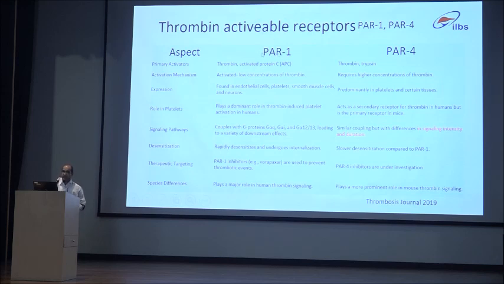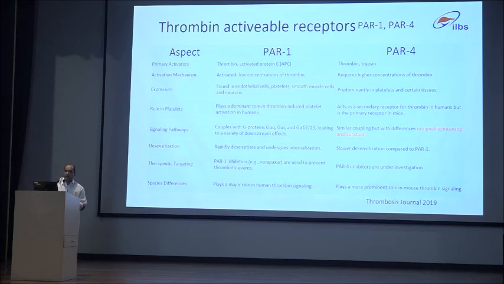Now we come to the thrombin activable receptors which are there on the platelets. There are several receptors, but for the platelet, the receptors activated by thrombin are PAR1 and PAR4. The basic difference between PAR1 and PAR4 is that PAR1 is a sensitive receptor which will be activated by a small concentration of thrombin, and this action is transient, so it will be relieved briskly.